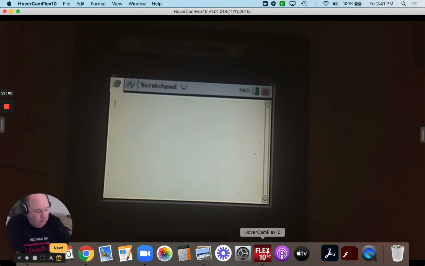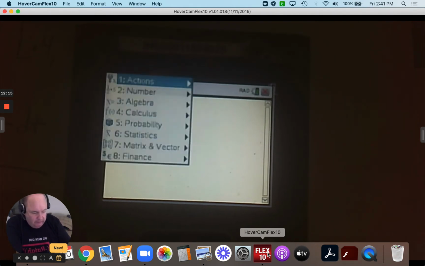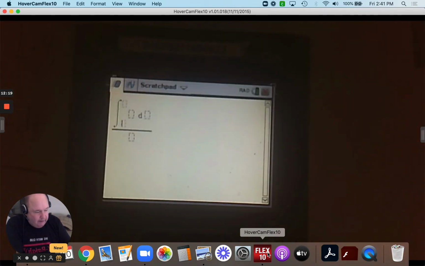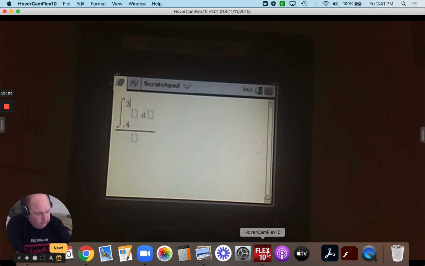Okay, step 1, I'm going to press control divide to get a divide sign. And then I'm going to integrate on top. So menu, calculus, integration. And then the bounds go from 0.4 up to 3.2. And then I'm going to do another control divide to do another fraction. So that's t squared subtract 1.